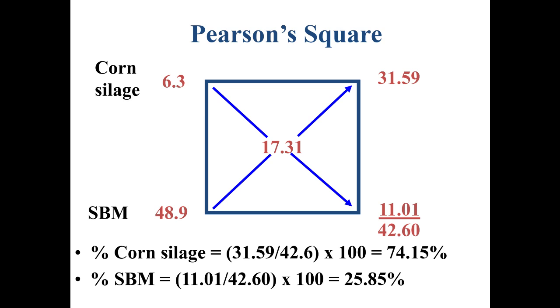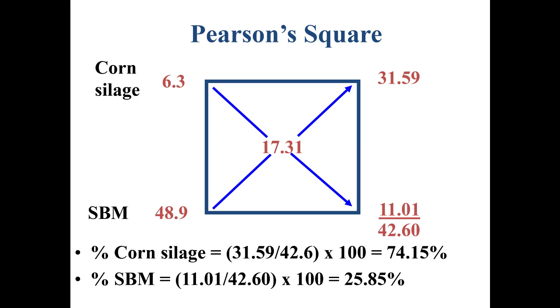So 48.9 minus 17.31 is 31.59, and 17.31 minus 6.3 equals 11.01. And the 31.59 plus 11.01 equals 42.6. And those numbers on the right side of the Pearson square are what we then use to determine the amount of corn silage and soybean meal that we need in the diet.